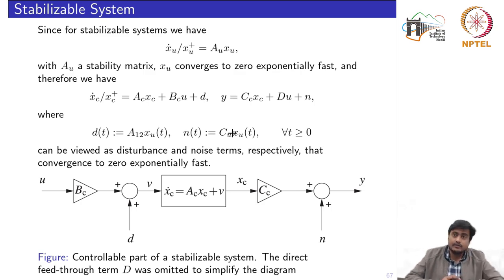So if we want to test for stabilizability, or let's say the controllability test has failed and we want to check for the weaker condition of stabilizability, there are two steps. First we do the decomposition, and then we see whether the uncontrollable states are stable or not. Okay, so there are two steps to verify whether my system is at least stabilizable.